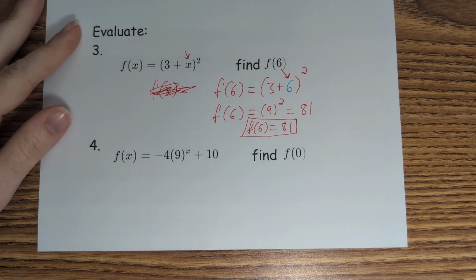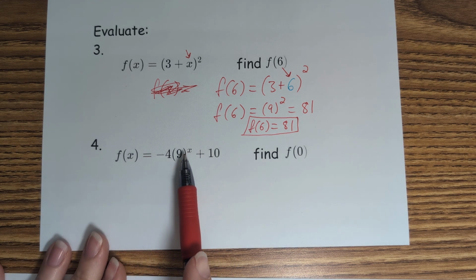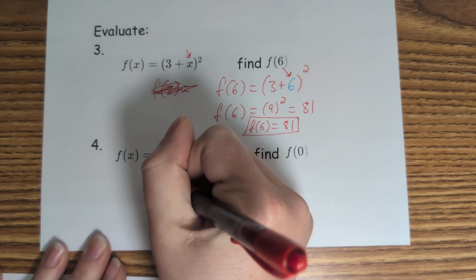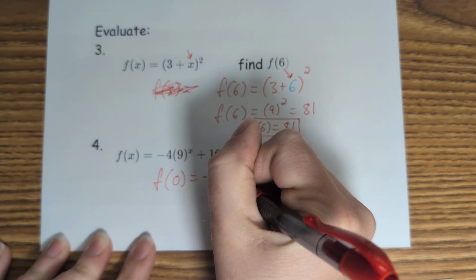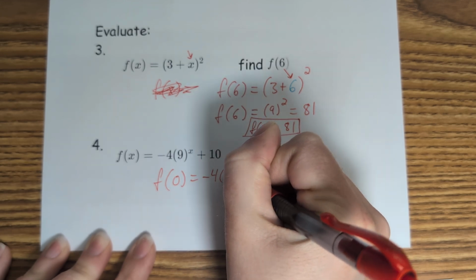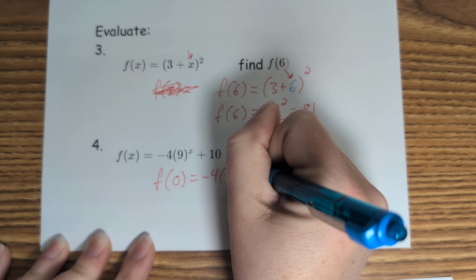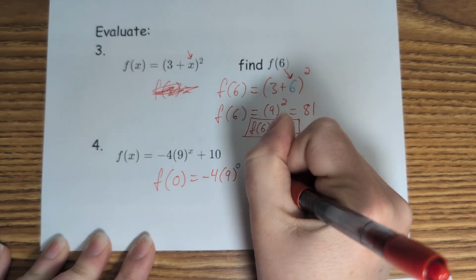Okay, let's try this one. This one, the variable, the x, is up in the exponent, but that's fine too. So I'm going to find f of 0 equals -4 times 9 to the 0 power. It's raised to the 0 exponent, plus 10.